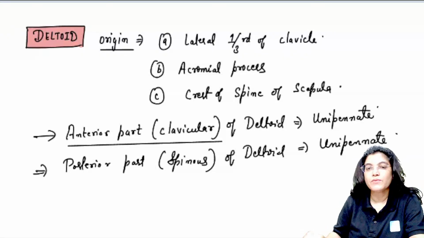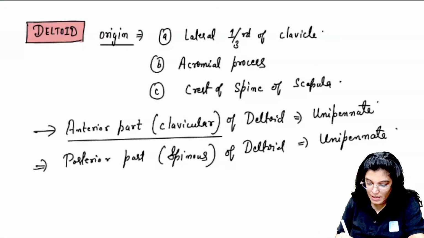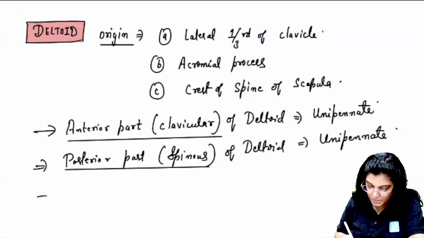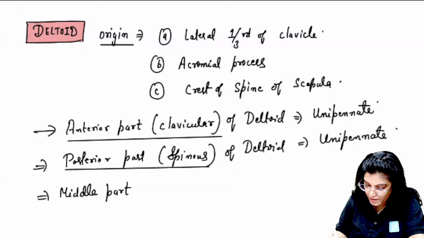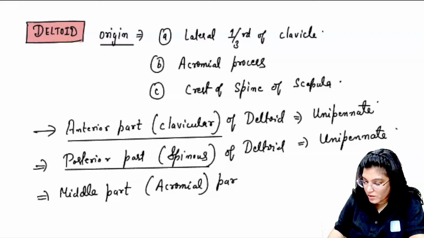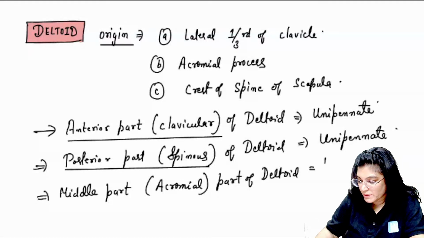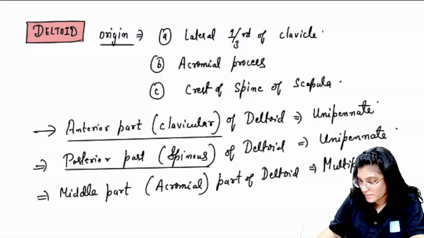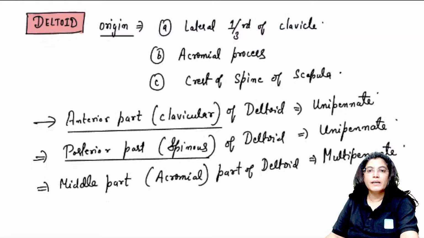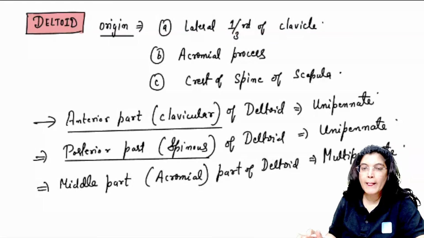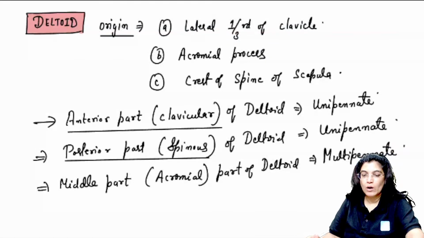If we see the muscle fiber arrangement, it is unipinnate. And what about the middle part, which is also called the acromial part? The middle or acromial part of the deltoid muscle is multipinnate morphologically. So done with this? Okay.